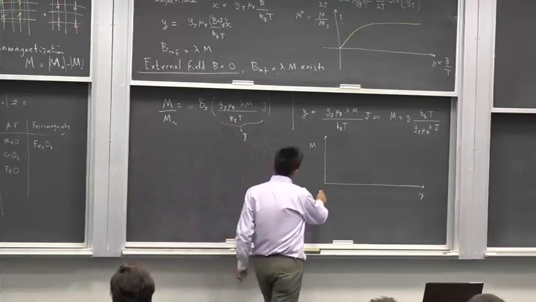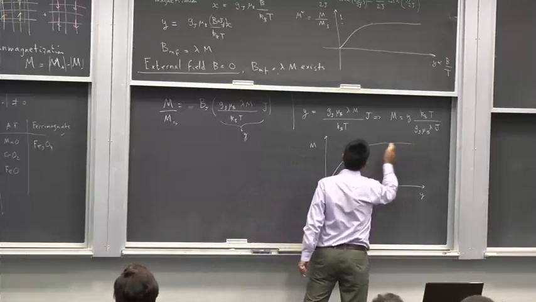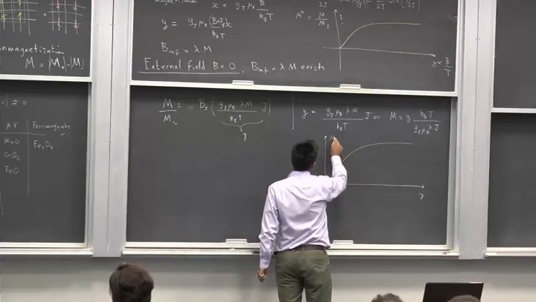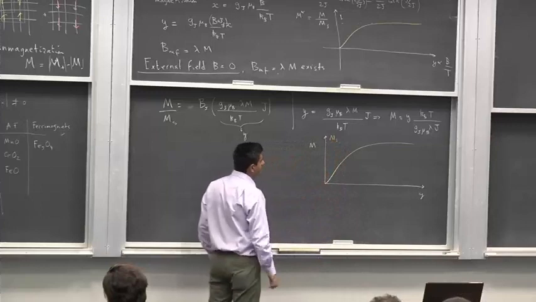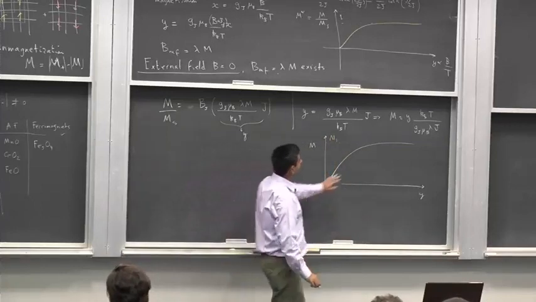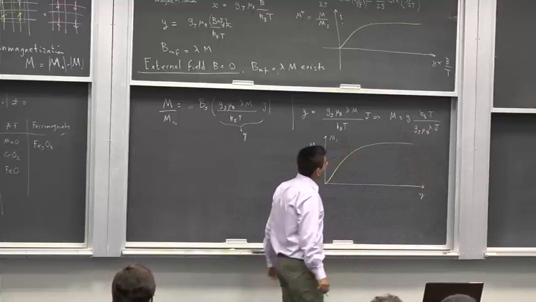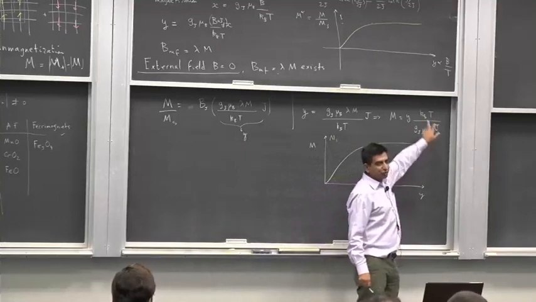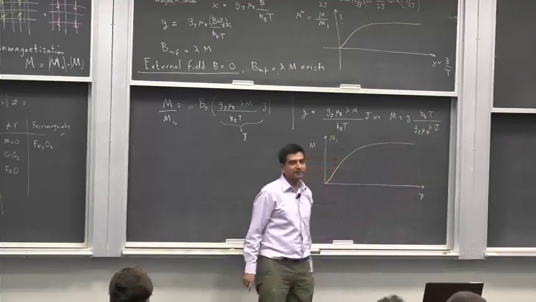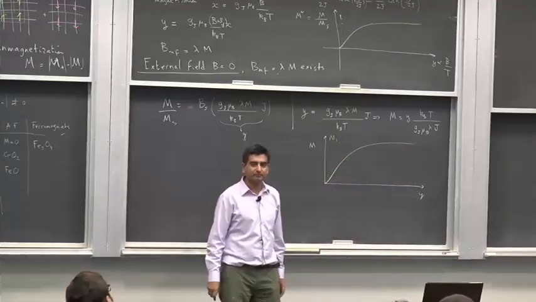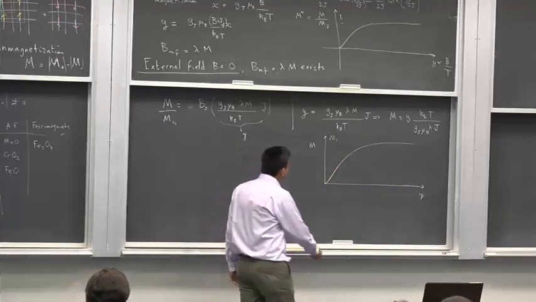If I plot this equation, I get the Brillouin function. This is Ms. Now if I plot this function, this is a linear function of y, and it depends upon the temperature. The slope of this straight line would depend upon the temperature. So I can get a line like this.